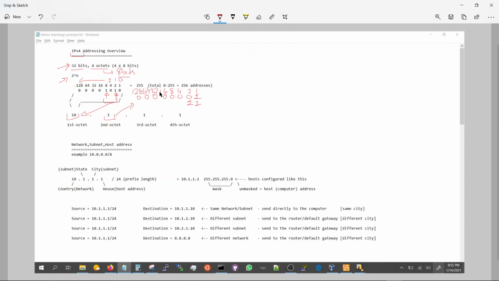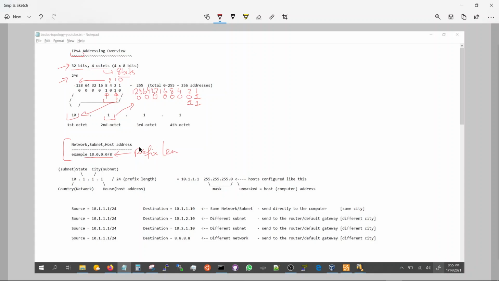Let's take the example of a network. Let's say you're given a network of 10.0.0.0/8. /8 is called a prefix length.